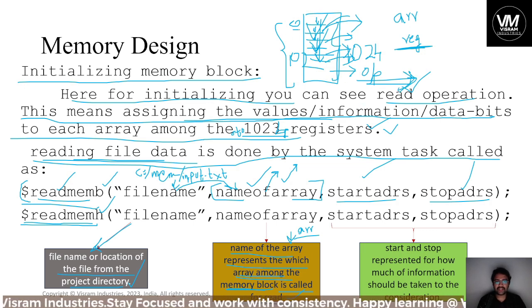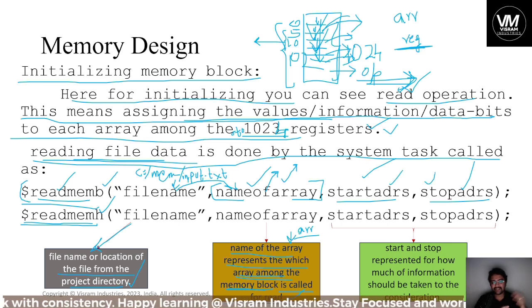Else, if you have mentioned from 5 to 10, only those data locations are accessed and the data is read. So there will be a little delay if you have not mentioned the start and stop address, since all the address location data is printed. In order to avoid it, it is better to mention these locations. That is the syntax for initializing the memory block.